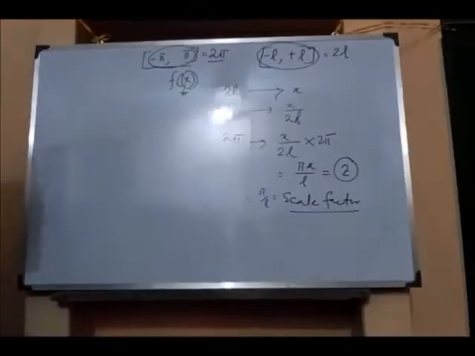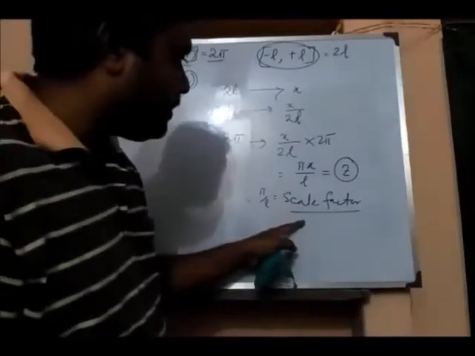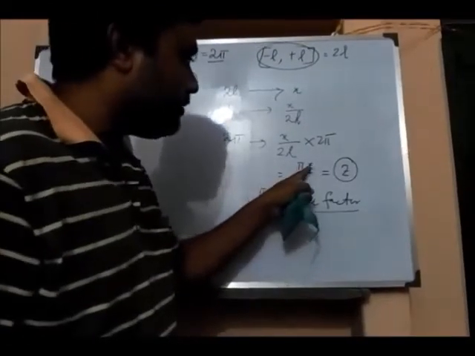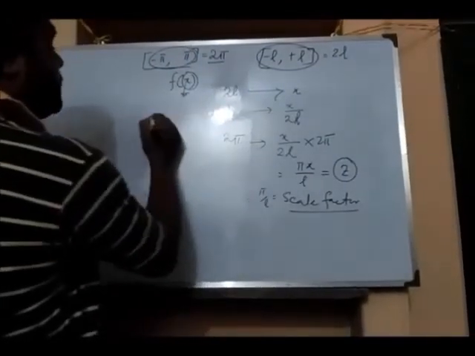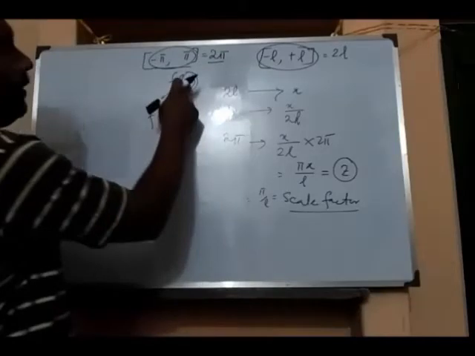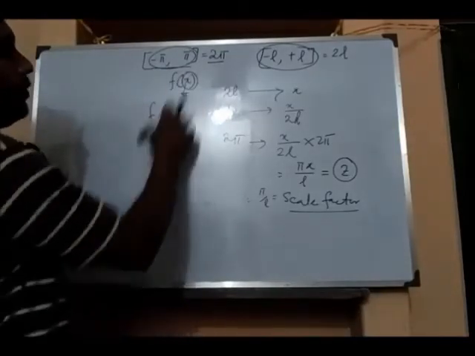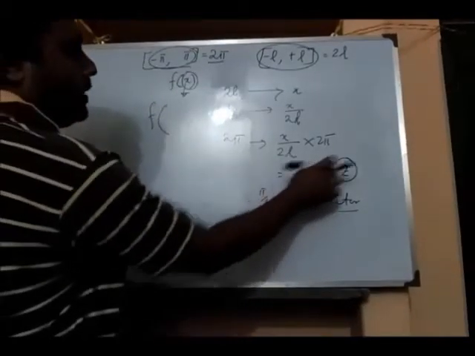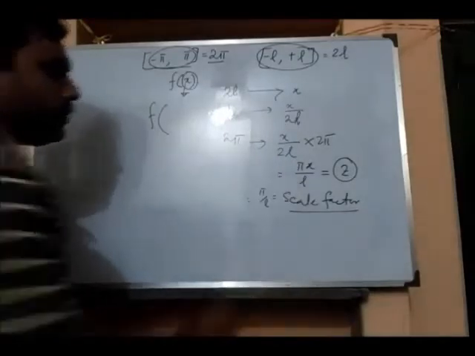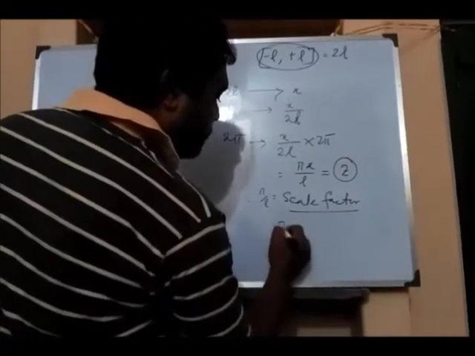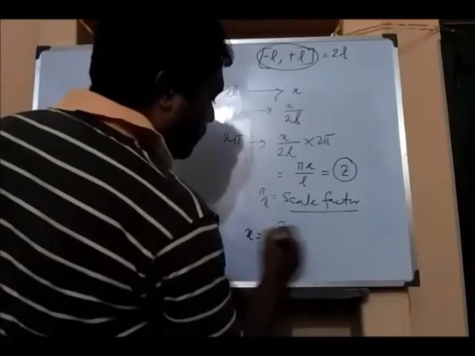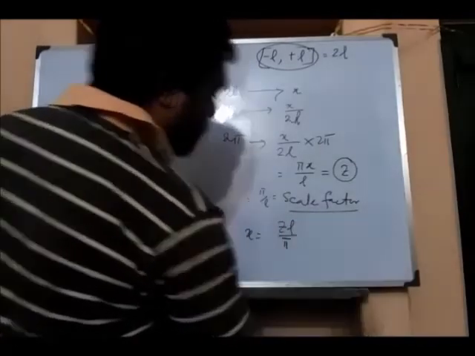Okay, so we just use the scale factor and we will have changed this variable to z. Now this function f(x) becomes f. In place of x, you have to write Lz by pi. As pi x by L equal to z, so x will be Lz divided by pi.